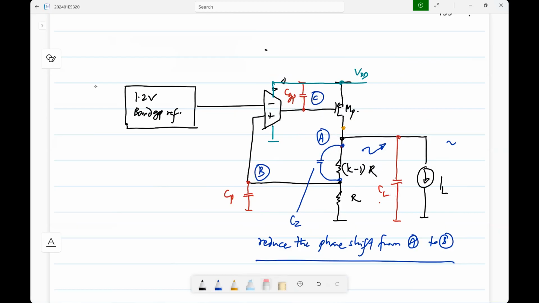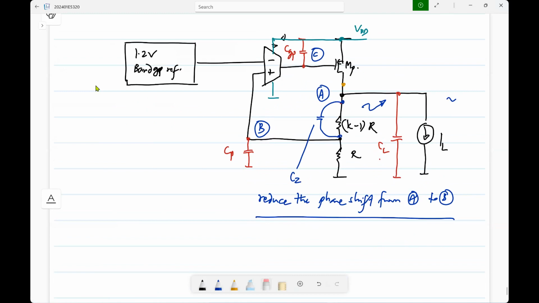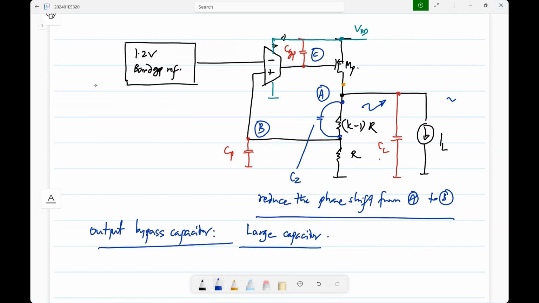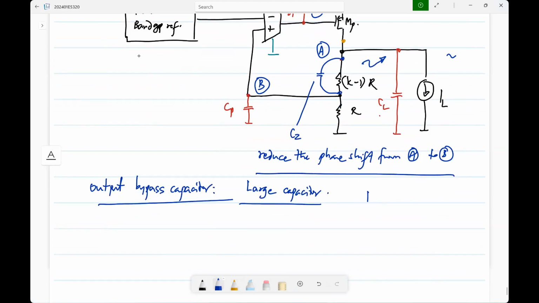Okay. So now it turns out that the output bypass capacitor, when you use a large capacitor, many times you use microfarads of capacitor, it will have its own series resistance. Everything will have it.